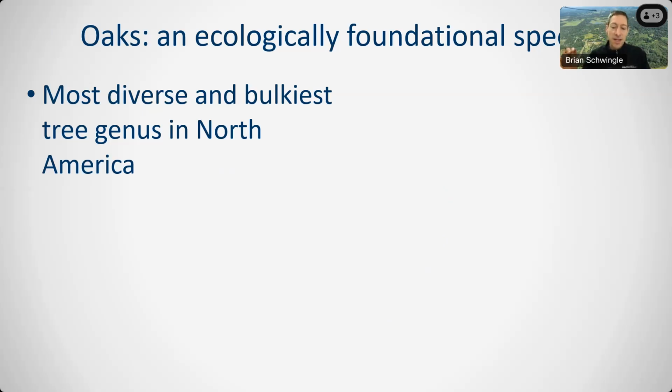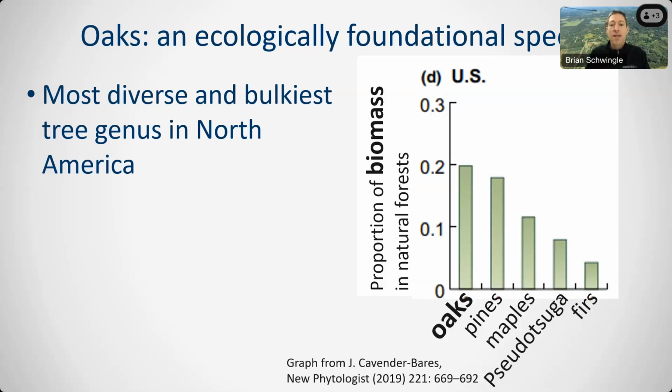All species have a scientific name, and we refer to them as two words, and they're Latin. Basically, the genus refers to what everyone calls a tree type. So oaks, maples, spruces, pines, those are all genera. And so here's a graph, and the tallest bar there represents oaks.